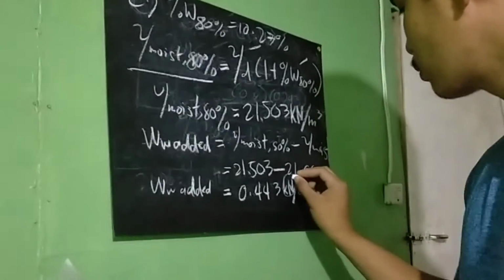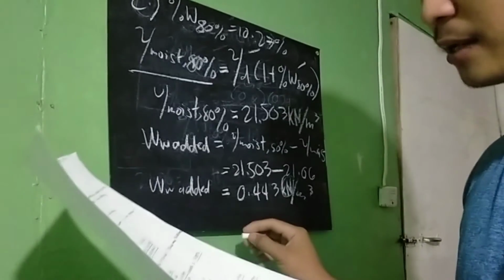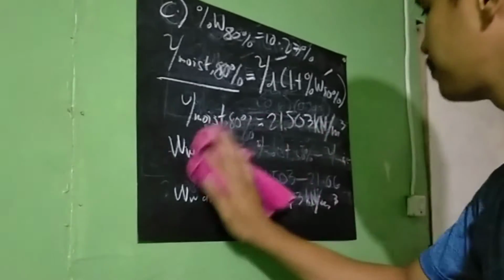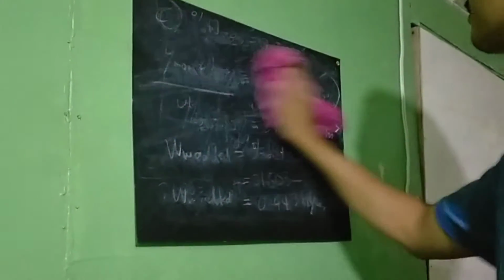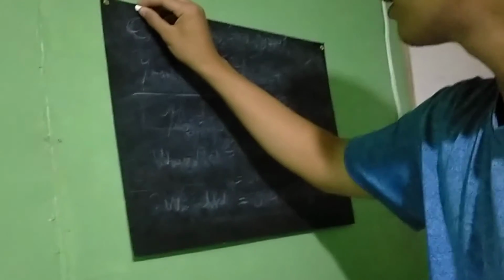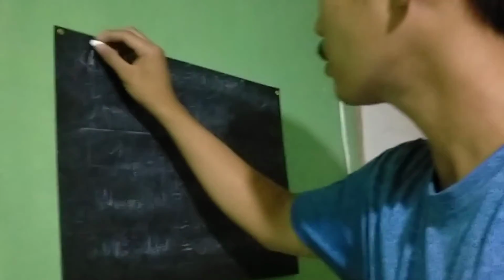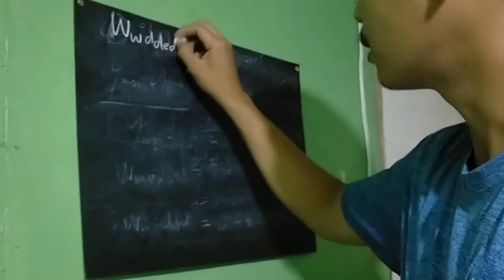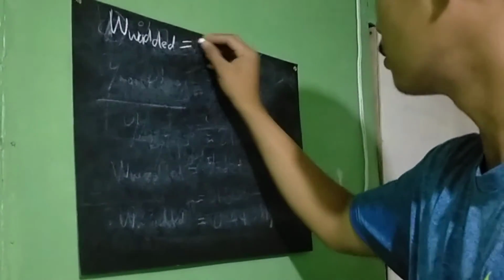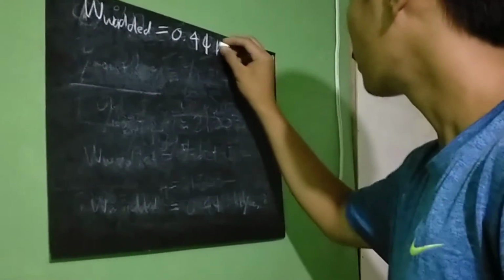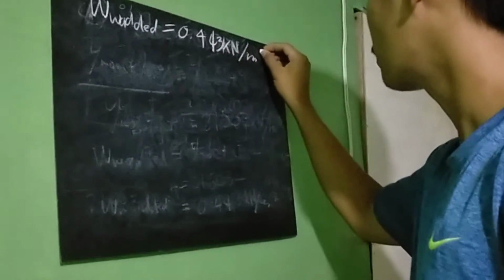we convert this into kilogram, since what is asked is the mass of water. So the weight of water added is equal to 0.443 kilonewton per meter cube.